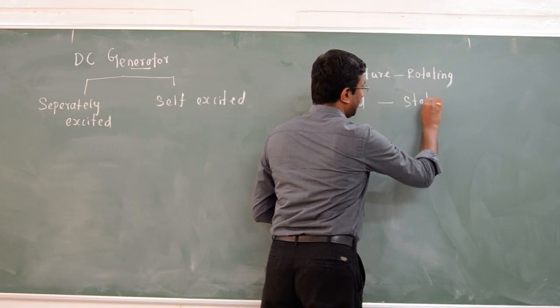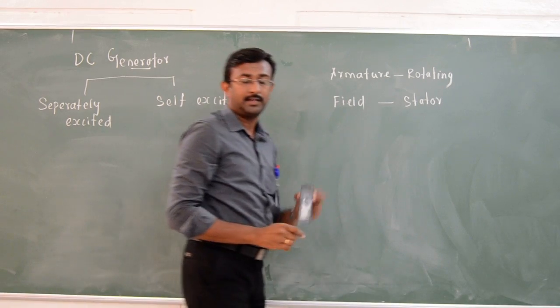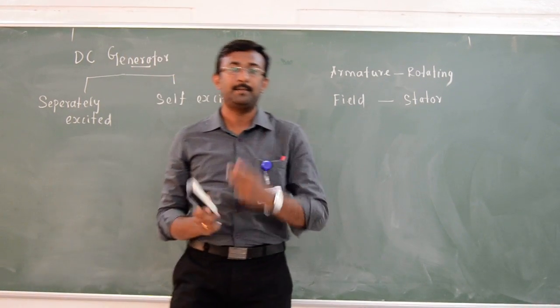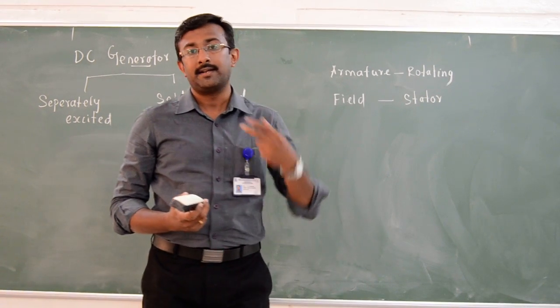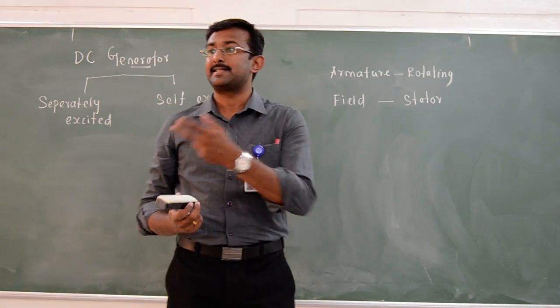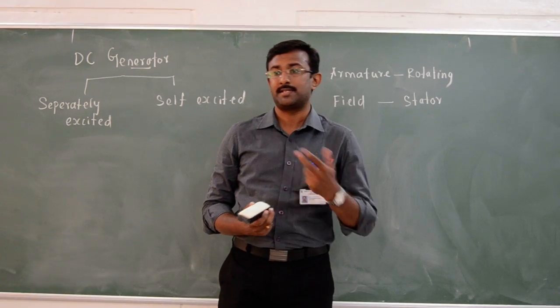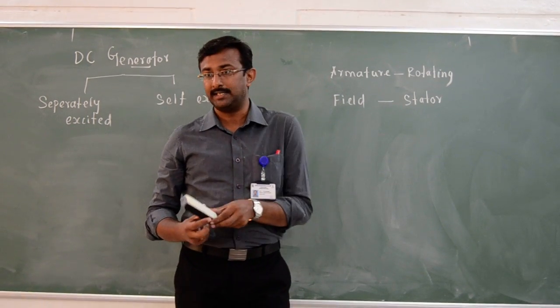So it is the stator part, right? These are the two main important parts of a DC generator. One is the armature, which is the rotating part, and the second one is the field winding, which is the stationary part of a DC generator, right?